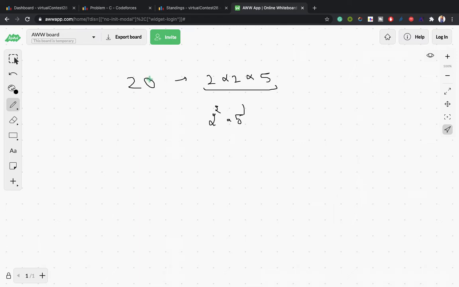What we have to do is minimize this, so we have to use the square root operation. Square root will cancel out a perfect square in it. And to make a perfect square we have the operation of multiplication.